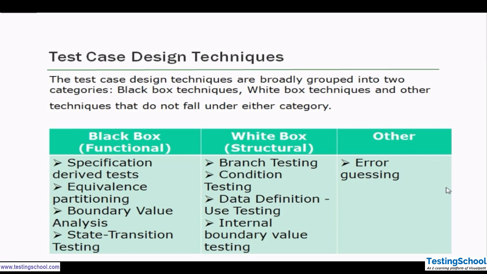So we guess a particular error and we try to find out if that is present or not. So it completely depends on the tester's experience. In the error guessing technique, we design our test cases based on the experience of a tester.